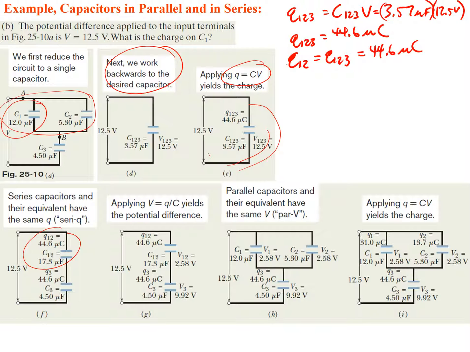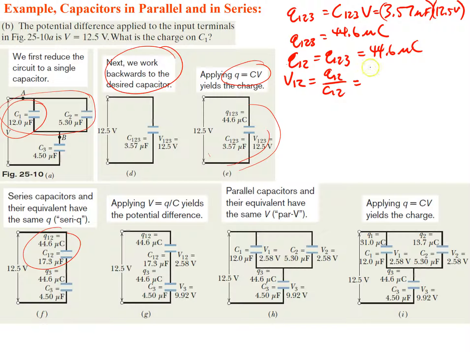The potential difference V12 is Q12 divided by C12, so 44.6 microcoulombs divided by 17.3 microfarads. You get 2.58 volts. That's going to be the voltage across our top capacitor, which is 1 and 2.